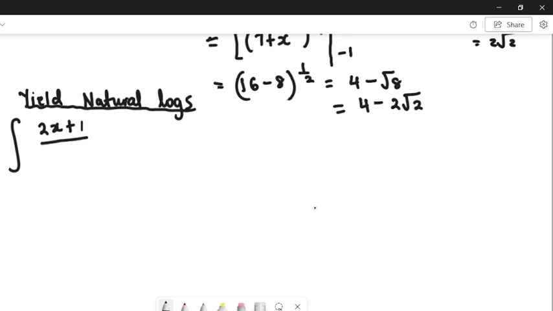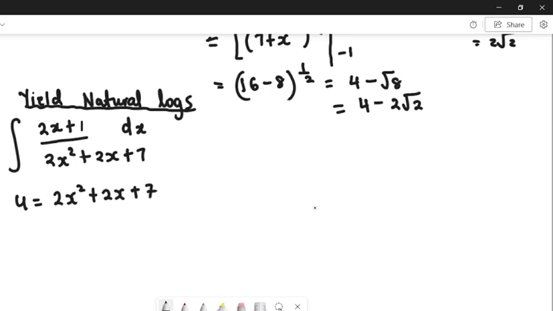So we have 2x plus 1 over 2x squared plus 2x plus 7 dx. This one is an indefinite integral. Definitely we are making u to be 2x squared plus 2x plus 7. That means our du is 4x plus 2 dx.